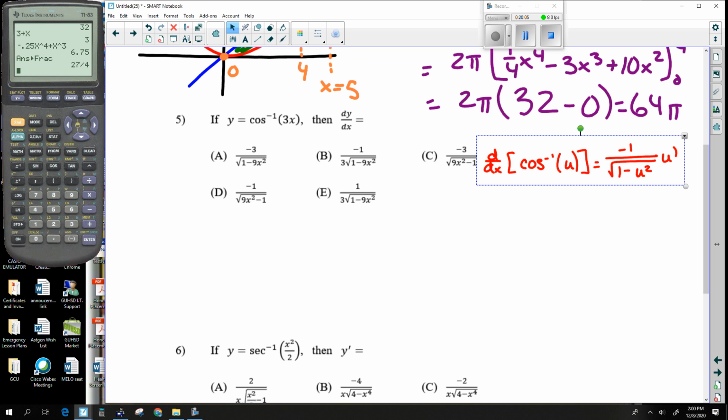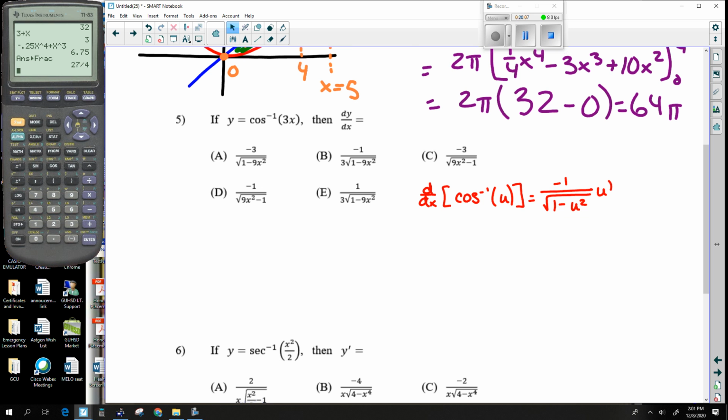Let's stash that for right now and identify some stuff. So u in this case is 3x. That means u prime is 3 and u squared is 9x squared.